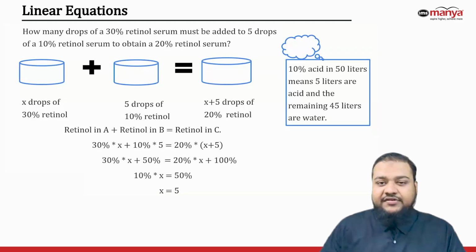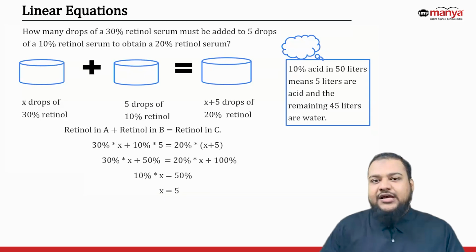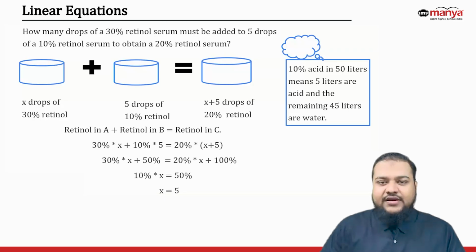Retinol in A added with retinol in B is what the sum will be in vessel C. So the retinol present in vessel C will be the sum of the retinol present in vessel A and vessel B. And that's what we converted into a mathematical equation and solved. We got the number of drops required for vessel A.